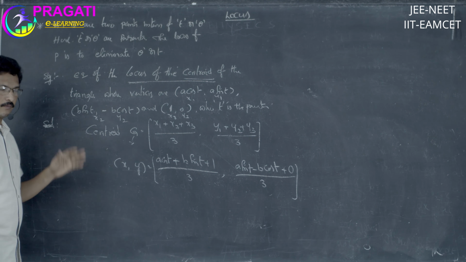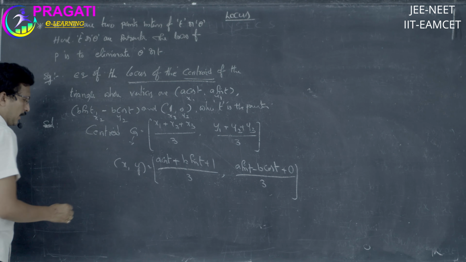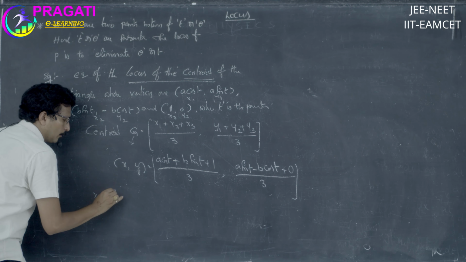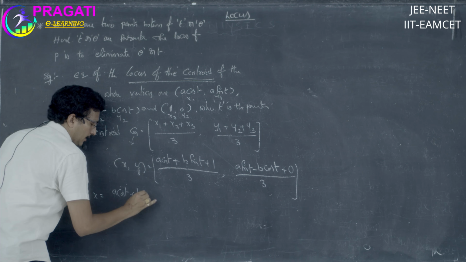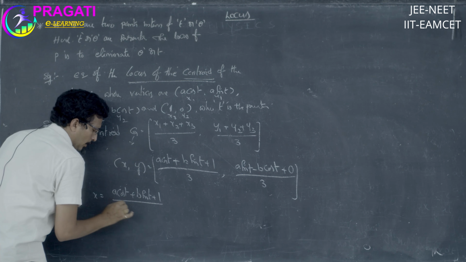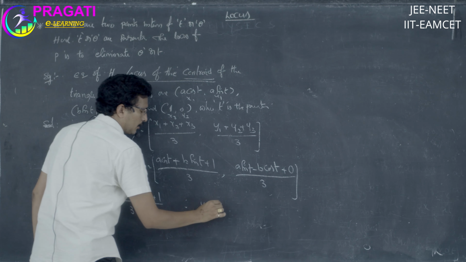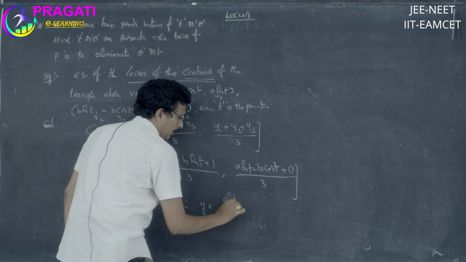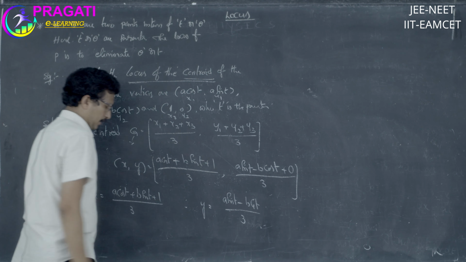When 2 points are equal, the corresponding places are equal. Here x equal to a cos t plus b sin t plus 1 by 3, comma y is equal to a sin t minus b cos t by 3.